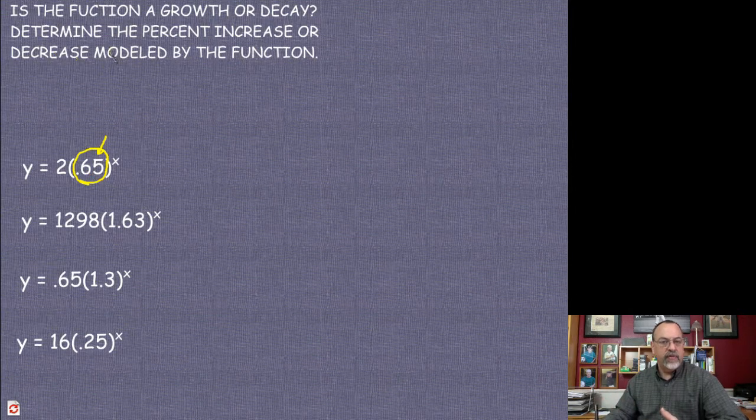The second part of the question would be, what would be the growth percent? Now remember, the growth percent is different than the growth factor. So this value that I see here is not the growth percent or decay percent. It's the growth factor. Now remember, if I added 1 plus the percent in order to get B, right?